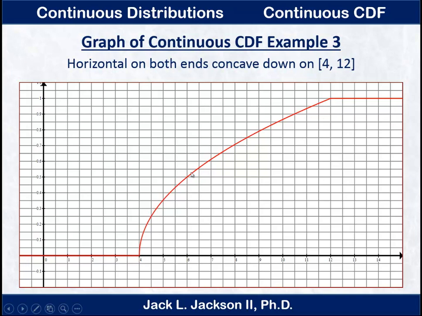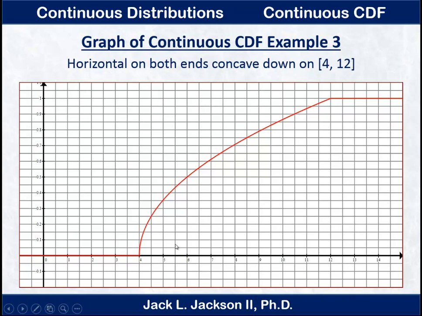This formula would be defined in three pieces. We would have y equals 0 on this piece, y equals 1 on this piece, and some other formula for this part in the middle. But in practice, we could just ignore all this stuff to the left of 4 and to the right of 12, because we kind of know what it looks like. It's sort of obvious.